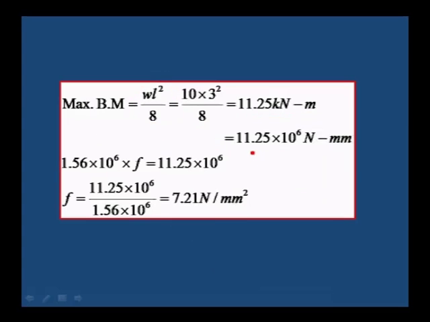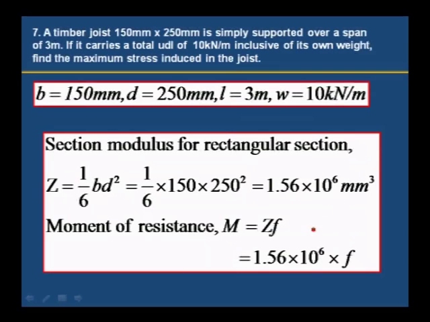maximum bending moment. 11.25 into 10 to the power of 6, we have to convert this kilonewton meter into Newton mm. Why we are converting? Because we need the answer F in Newton per mm square, one important point. And also here the Z value, 1.56 into 10 to the power of 6, is in mm cube.